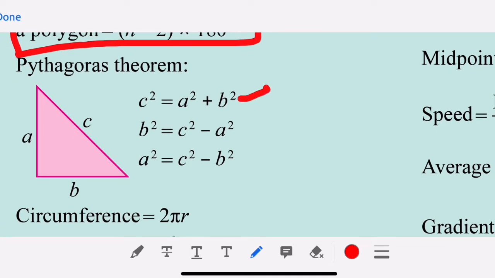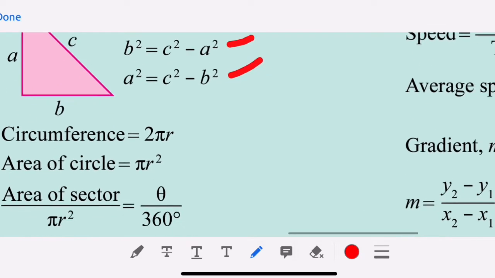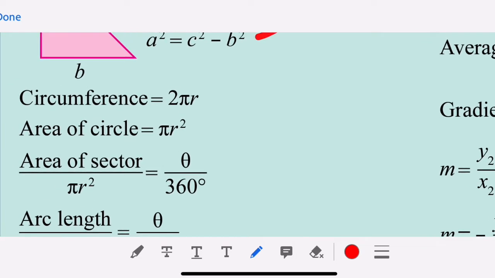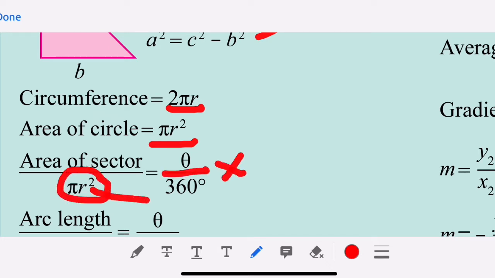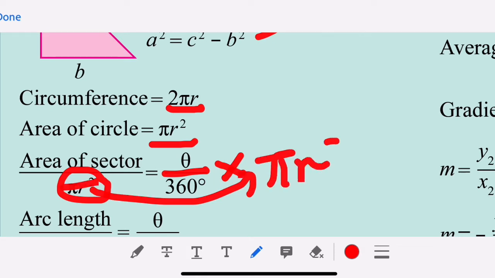And Pythagoras theorem, circumference for a circle, area of circle, and area of sector is equal to theta over 360. Normally, we can just multiply this one, so it becomes pi r squared. It becomes area of sector.